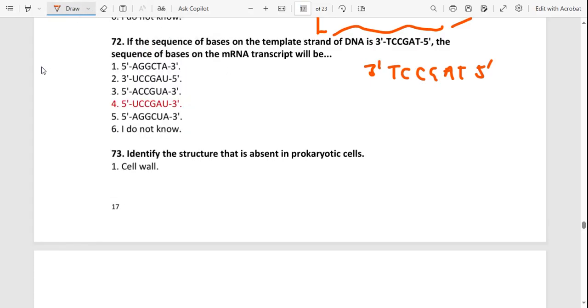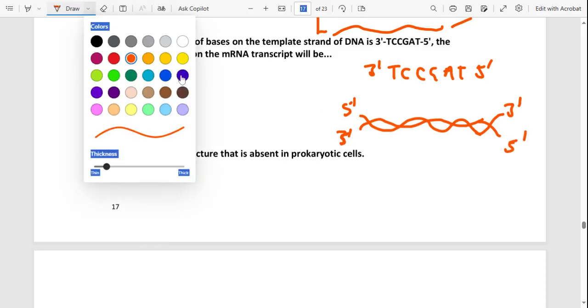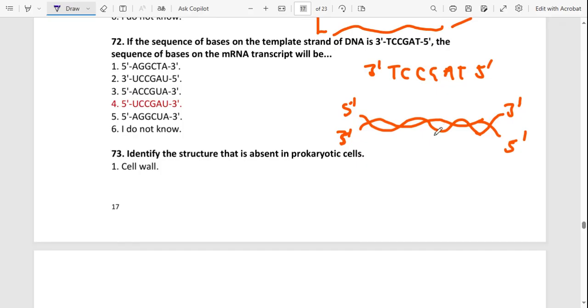One thing we need to know is, when you have got a DNA strand, you have one strand running from 5 prime to 3 prime direction, and the other strand running from 3 prime to 5 prime direction. The first thing is you need to get this DNA and convert it into mRNA. But the strand that you use is the strand that is running from 3 prime to 5 prime. That is the one you use in forming mRNA.